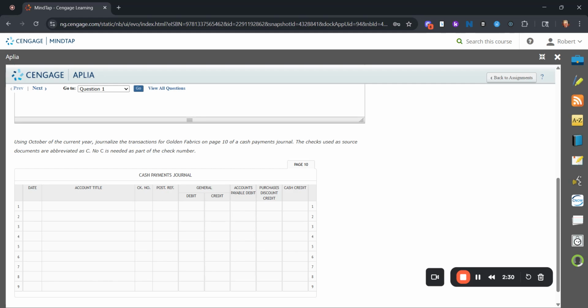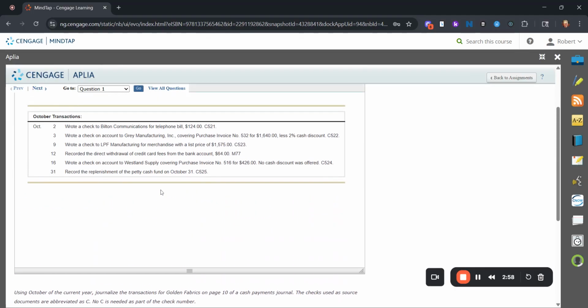So we have our journal. Start with the date, October 2nd. The account title, utilities expense. And then the check.